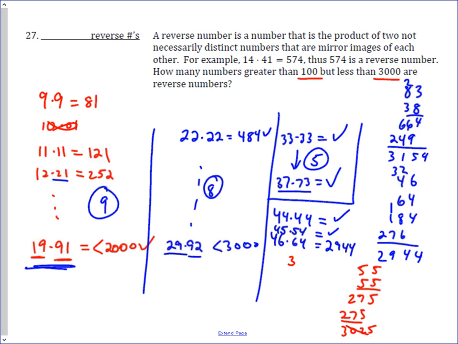So none in the 50s work. So we get 9 plus 8 plus 5 plus 3 from the 40s, none in the 50s, and that gives us 25 reverse numbers. We don't have to try anything bigger than that because 55 doesn't work, so clearly 66 is not going to work, and anything bigger than that's not going to work. So we are done counting, and the correct answer is 25.